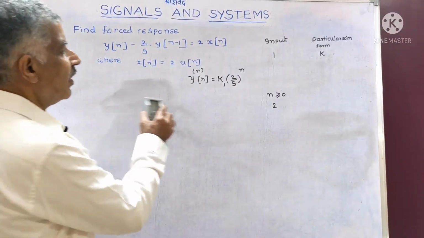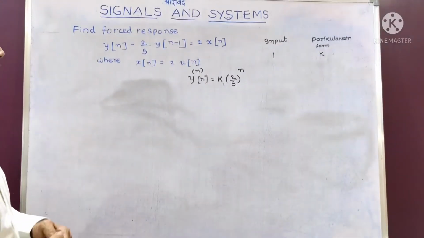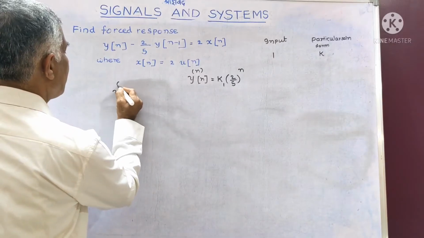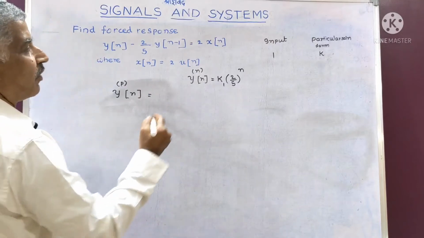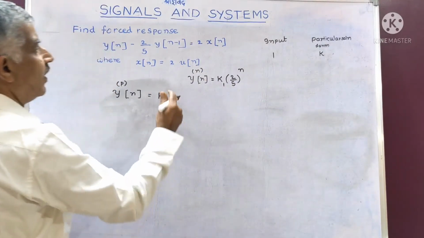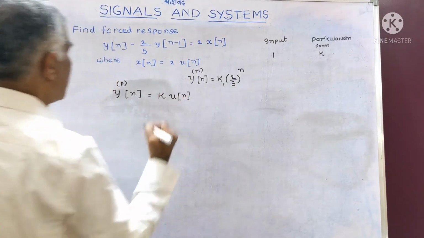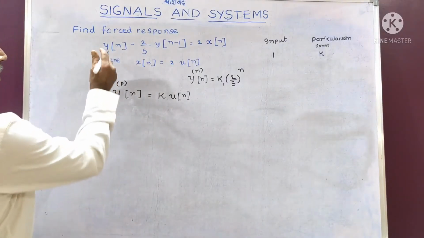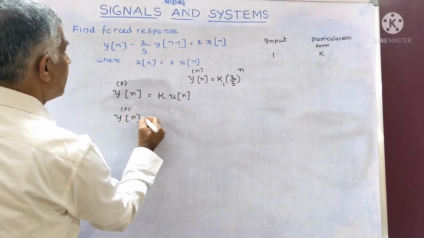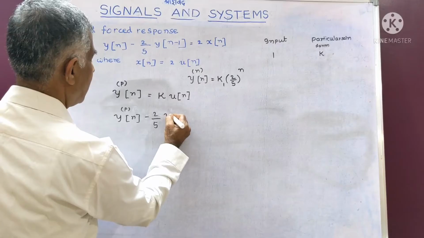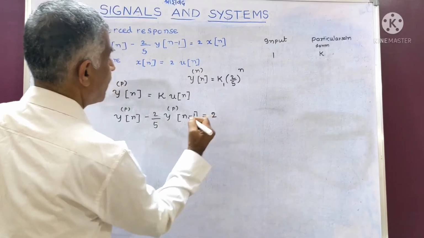Here the particular solution is of the form k. So I will write the particular solution yp of n equal to k times u of n, since the input is 2 times u of n. This is to be substituted here: yp of n minus 2 by 5 yp of n minus 1 equal to 2x of n.